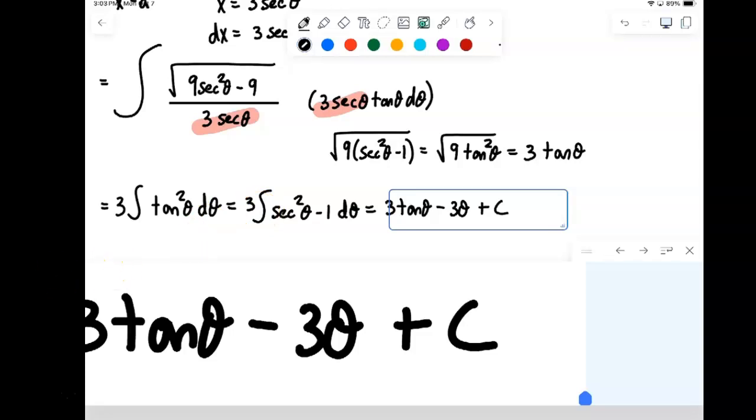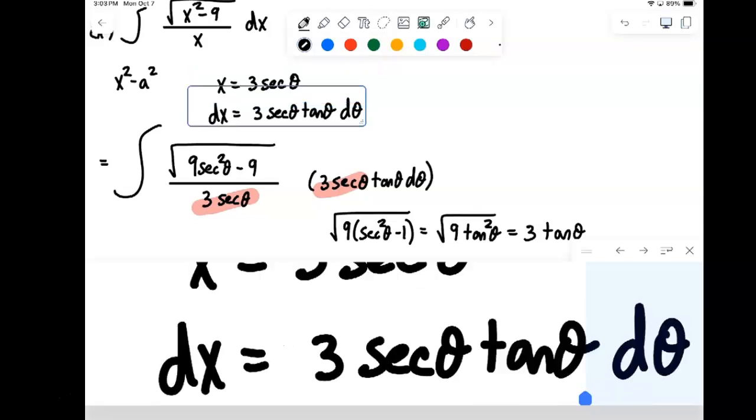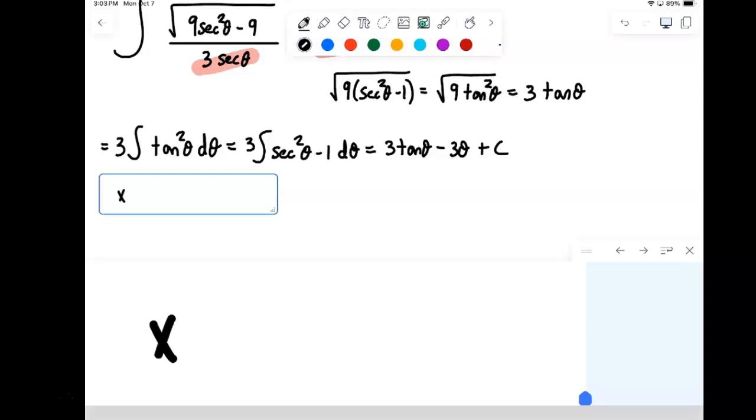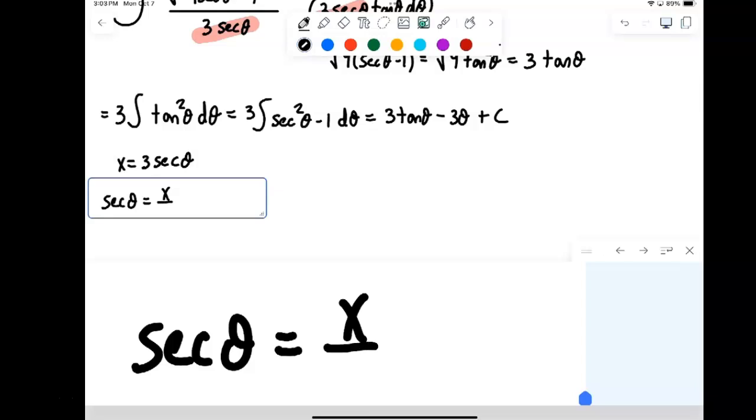All right, now that gets my integral worked out in terms of theta. But I need my integral back now in terms of x. So this is again where we go back to our condition, x equals 3 secant theta, which means that secant theta is x over 3.